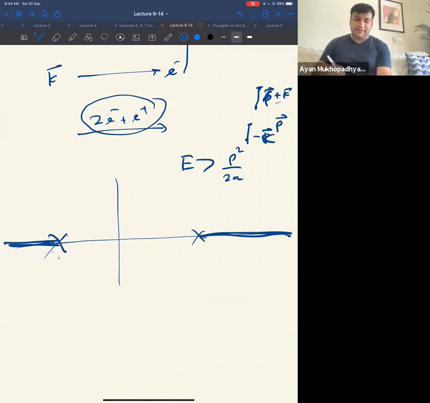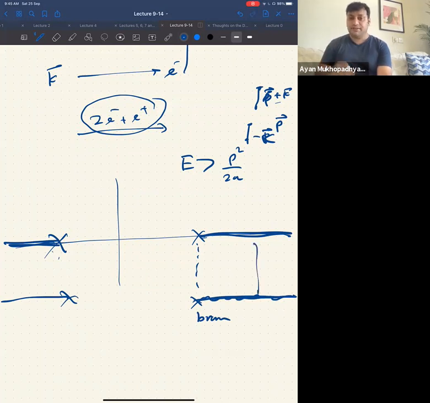Now, because all these particles are interacting with each other, just like the single particle, it will have a finite width, like they will have some lifetime. So all of this kind of shifts downwards. So this is like a branch point, and from this branch point everything is possible, and this is going to carry the response. And this is the width of the finite lifetime of this specific multi-particle state.